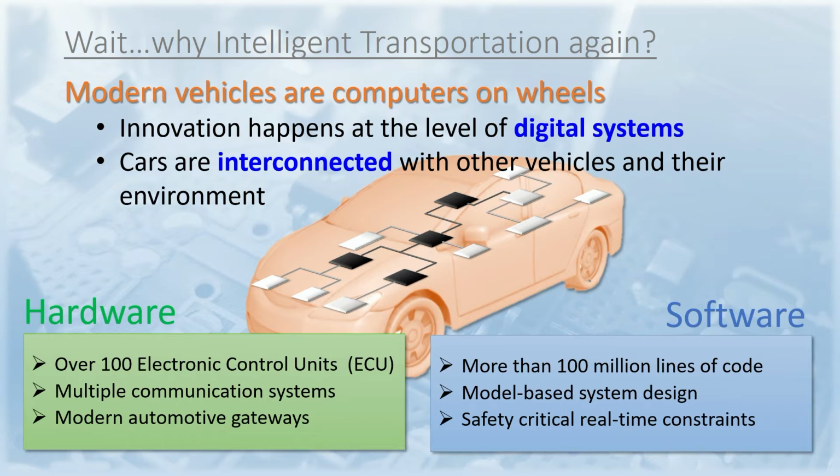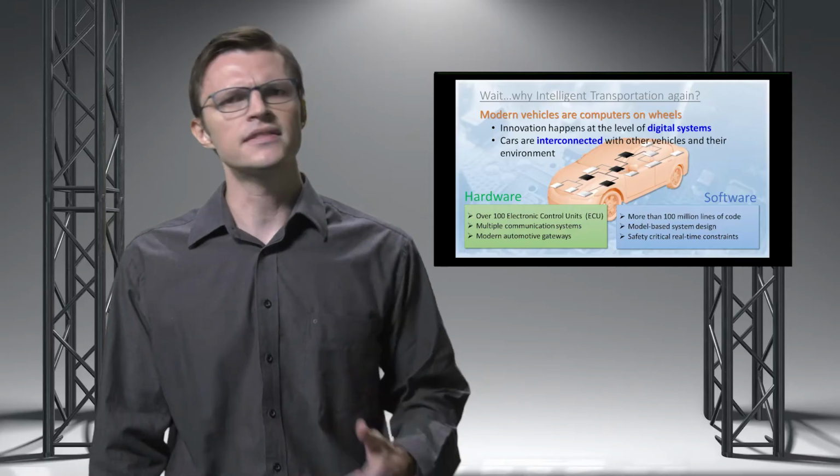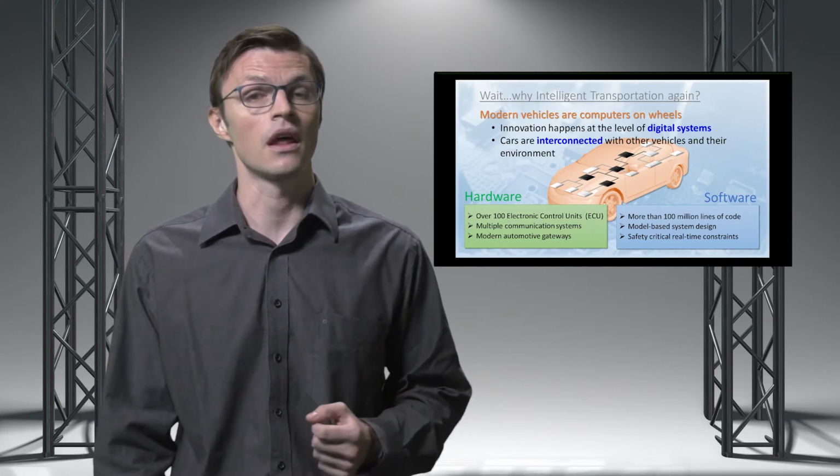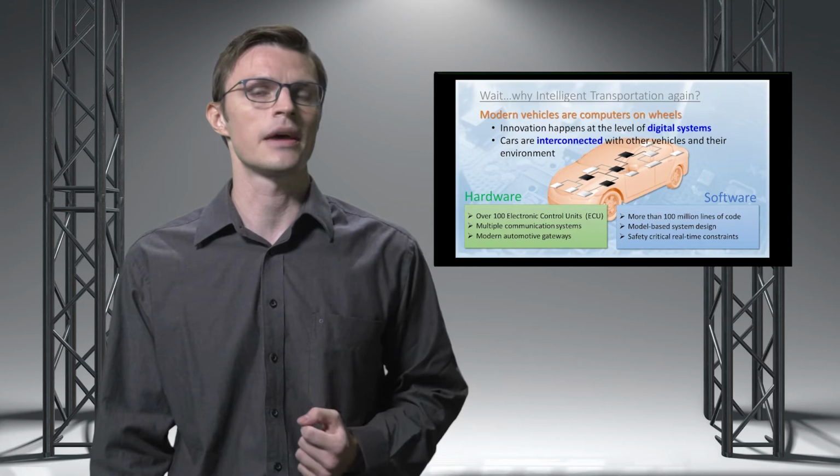Such a huge amount of code cannot be easily written by a few programmers, but rather requires a sophisticated model-based system design. This is especially relevant since many functions in a car are safety critical with strict real-time constraints. As a consequence, computer engineering is inevitable for the development of modern vehicles.